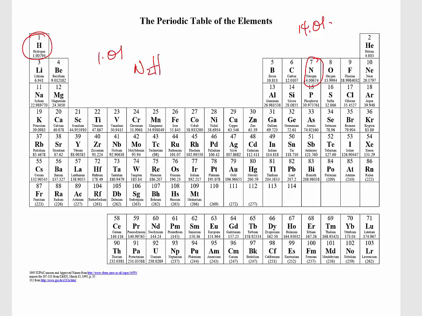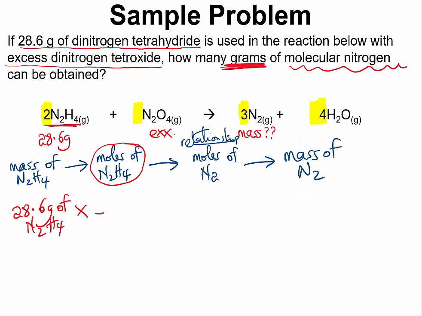So N2H4 will give us a molar mass of 32.06 gram per mole. So 32.06 grams of N2H4 is normally equal to 1 mole of N2H4. We know that grams will cancel out.